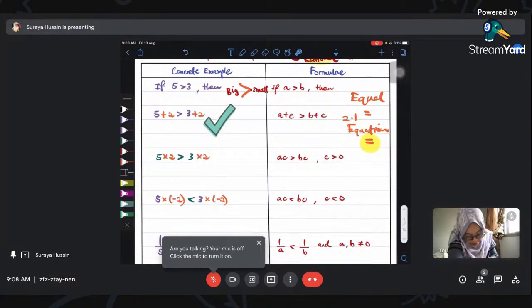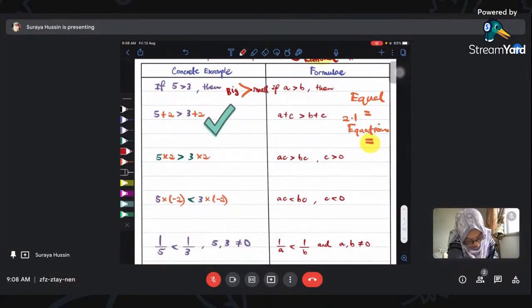Okay, kita akan dapat nilai sini 7 dan belah kanan adalah 5. So the sign is still the same. The sign here is still the same, which is greater. So kalau you tambah nombor kiri dan kanan, dia masih greater. Dia masih sign yang sama.